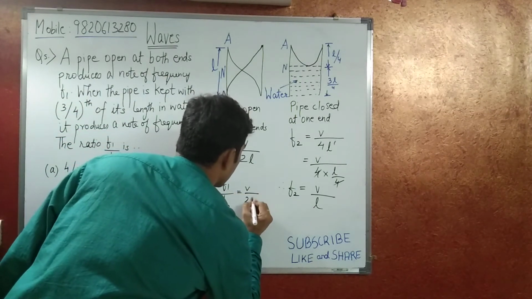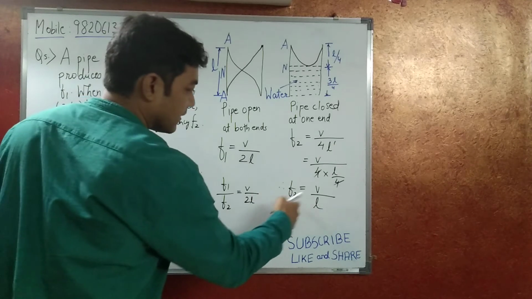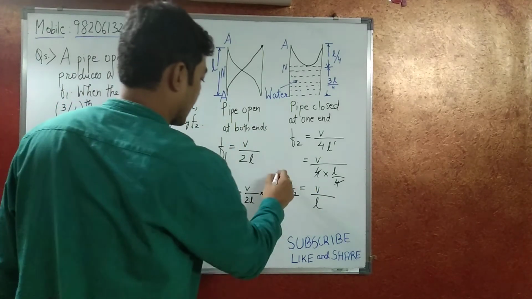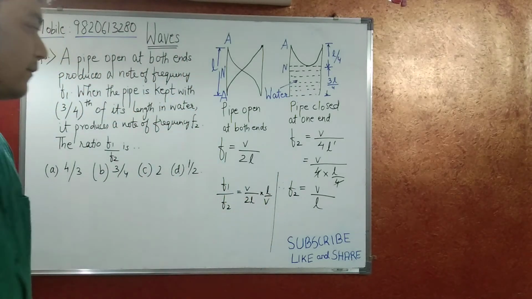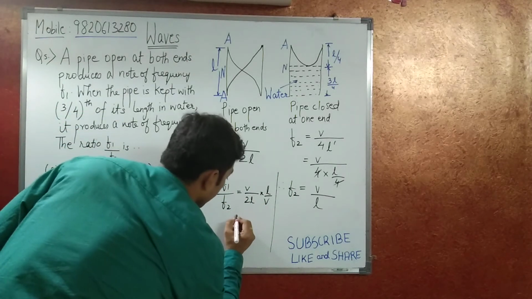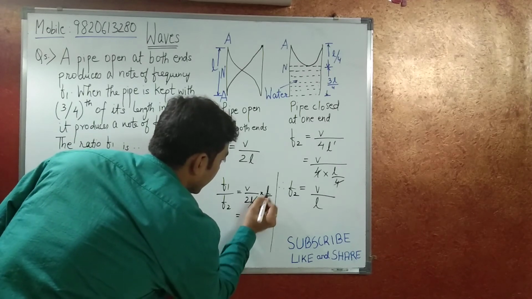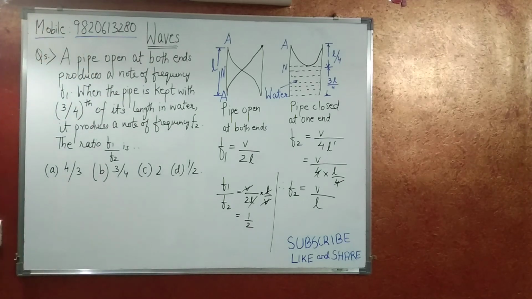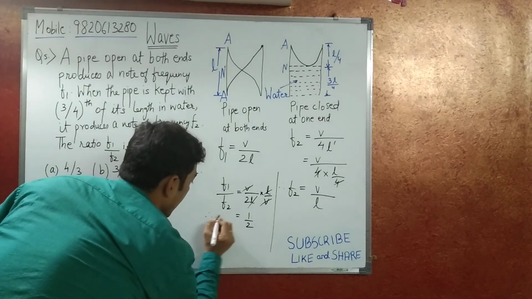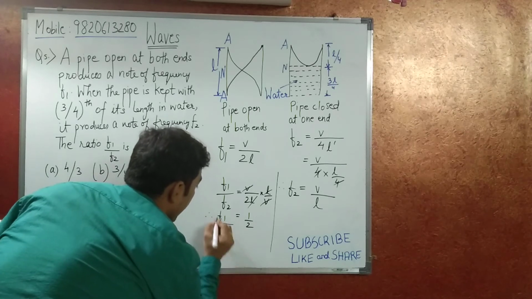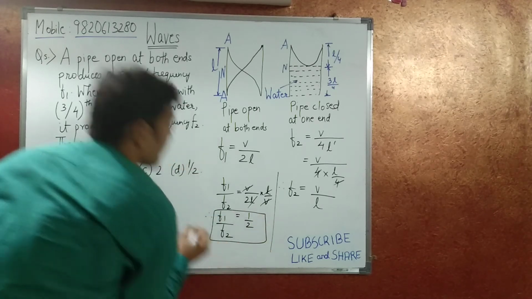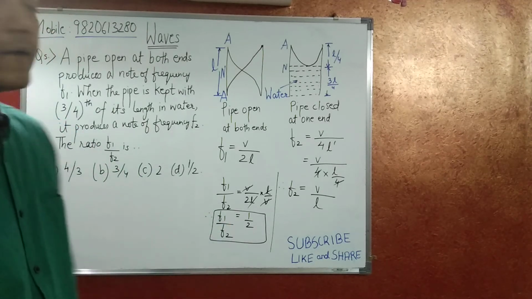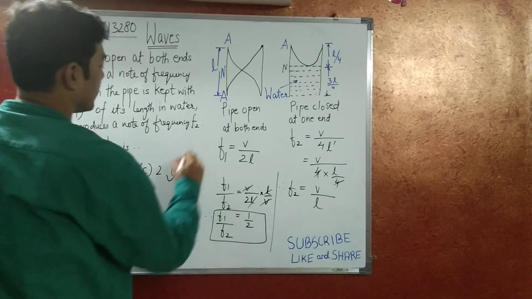V by 2L and this will become L by V. If I calculate, L gets cancelled, V gets cancelled, so you are left with 1 by 2. So what is the ratio of frequency? F1 by F2 is nothing but half. So the ratio F1 upon F2 is equal to half. So the correct option is D.